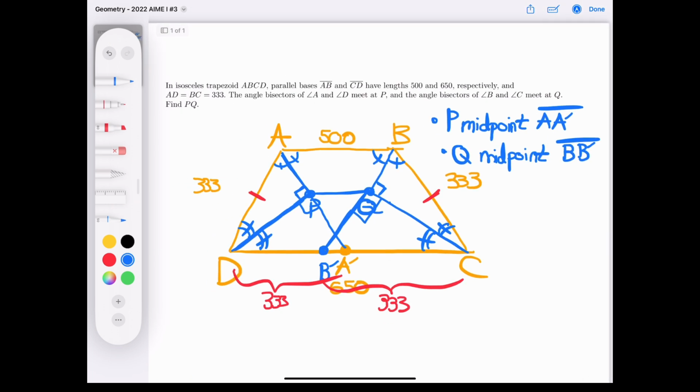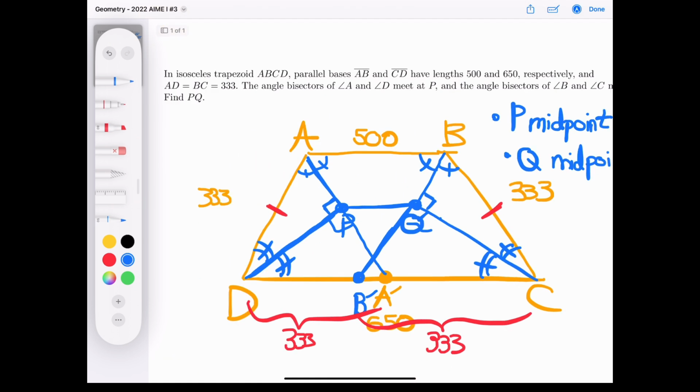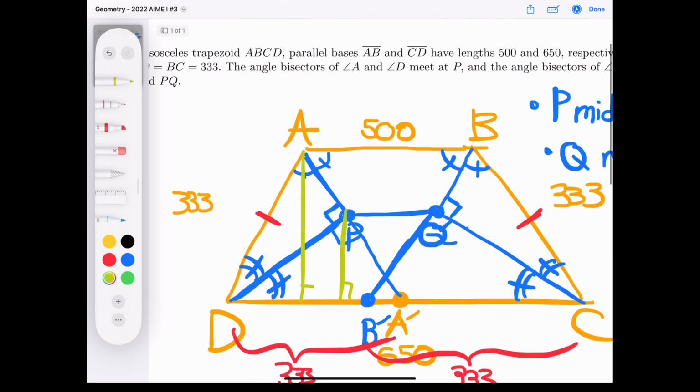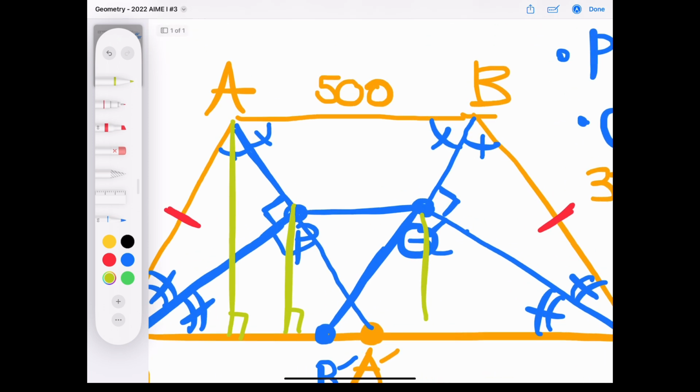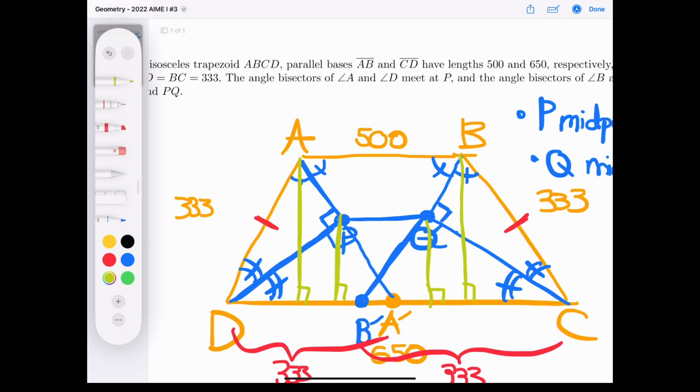And now I'll say that from this argument you can also see that PQ happens to be the midline of the trapezoid. And why do I say that? Well, because AP is congruent to PA prime, the height from P to DC will be half of that from A to DC by similar triangles. And the height from Q to DC will be half the height from B to DC by similar reasoning.